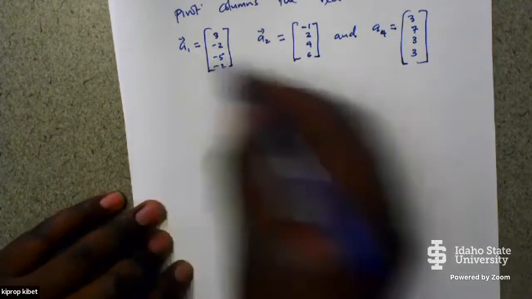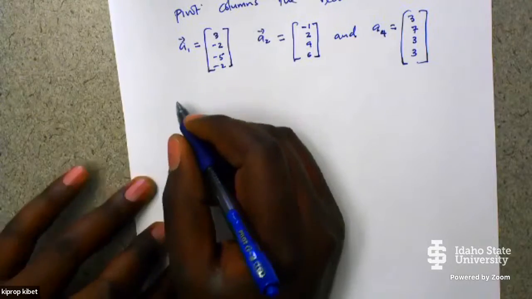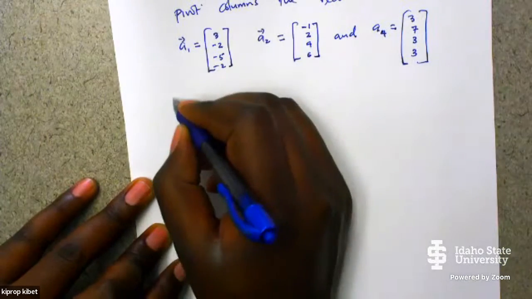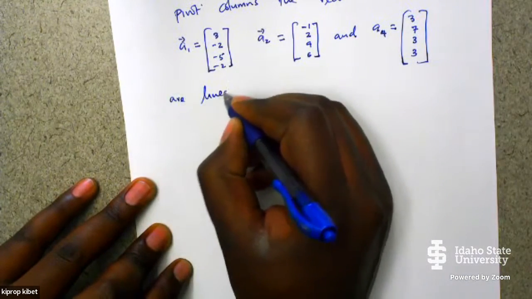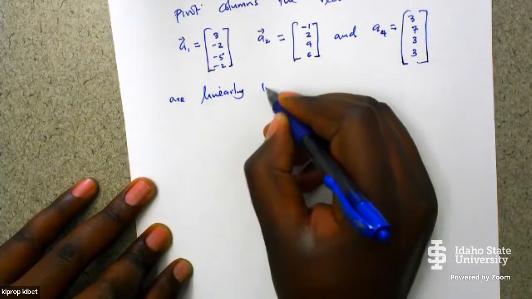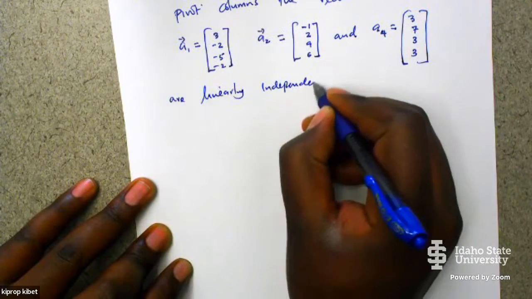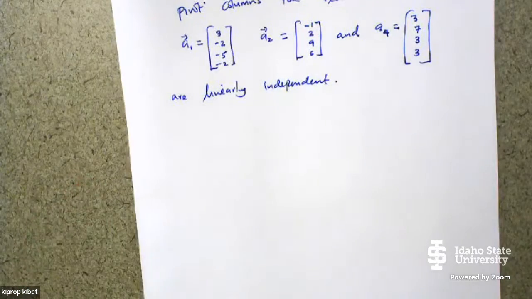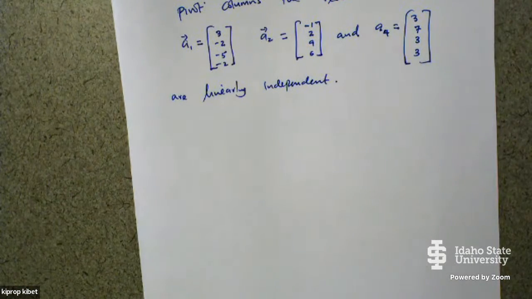They are linearly independent because if we reduce the matrix, we find a pivot position in each of these columns.